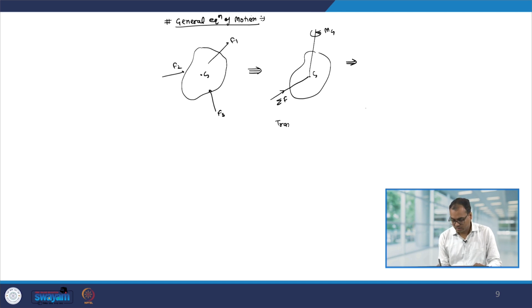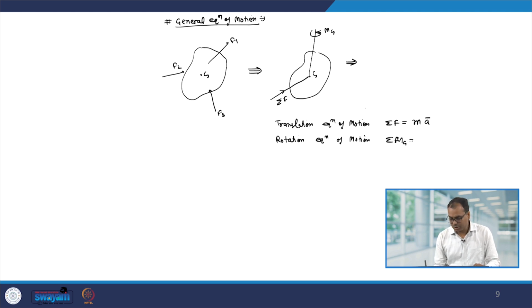So, we have the translation equation of motion, which is summation F equal to m a bar, where a bar is the acceleration of the center of mass, and then we have a rotation equation of motion, which is summation M_G equal to H_G dot, where H is the angular momentum. So, because of F we have m a bar and because of M there is H_G dot.